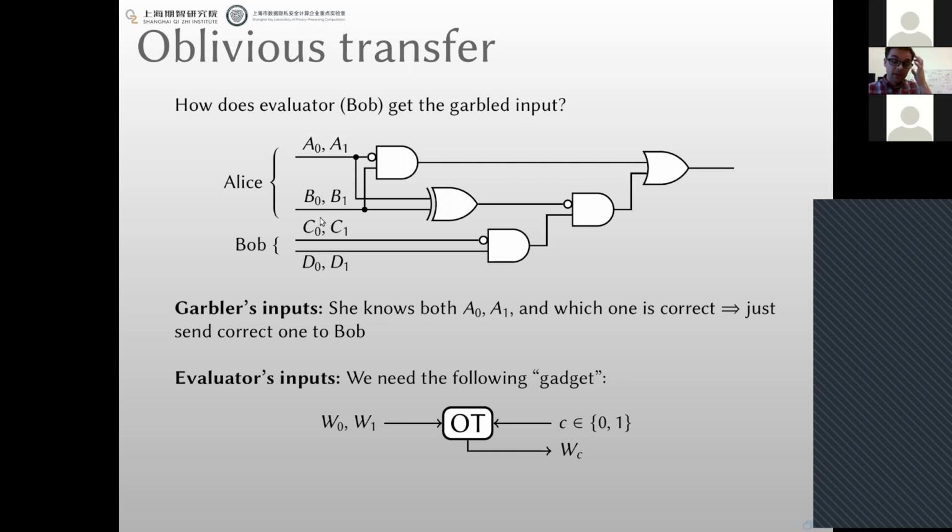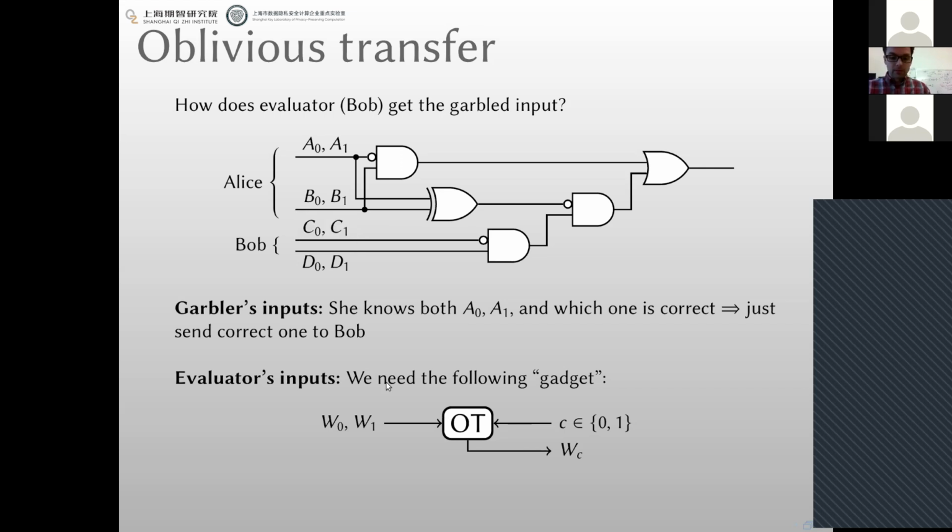On the other hand, it's harder to get Bob's garbled input. Alice knows both C0 and C1, but Bob knows his input. So he wants to learn one of these, but he can't just tell Alice which one he wants to learn.